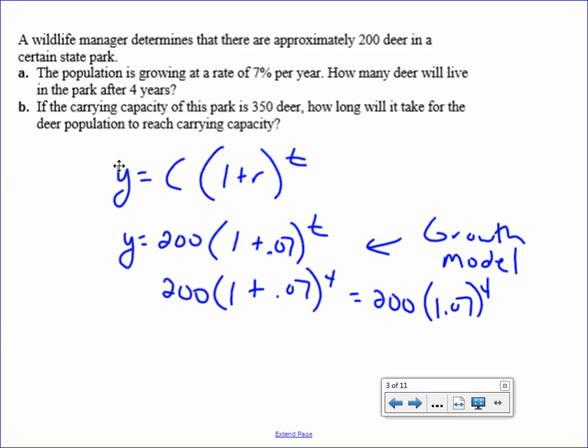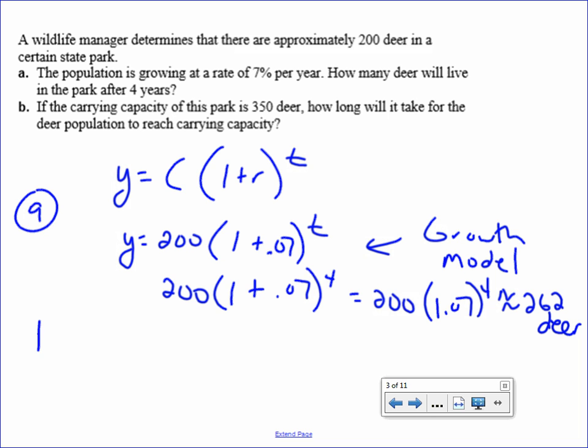Simply using a calculator, type in 1.07, raise that to the 4th power, multiply the answer by 200, and we would get approximately 262 deer. Okay? So that would be part A.